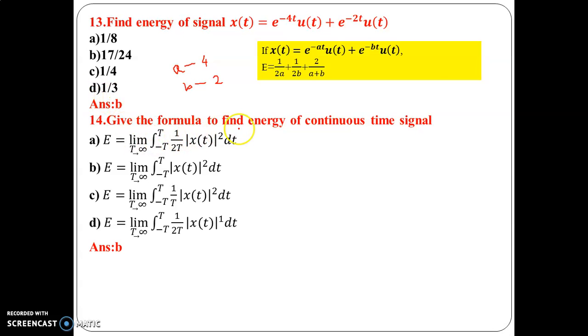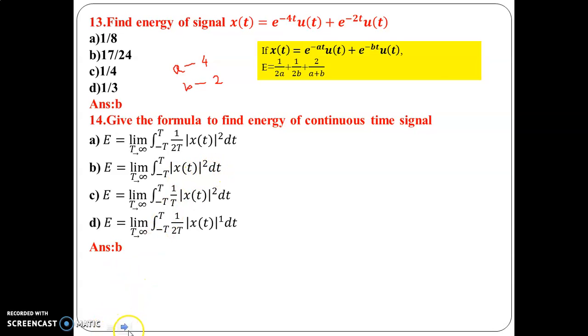Next, give the formula to find energy of a continuous time signal. If you are asked to determine the value of energy of a continuous time signal, which option is right? Option B is right. E is equal to limit t tends to infinity, integral minus t to t, mod x of t the whole square dt.